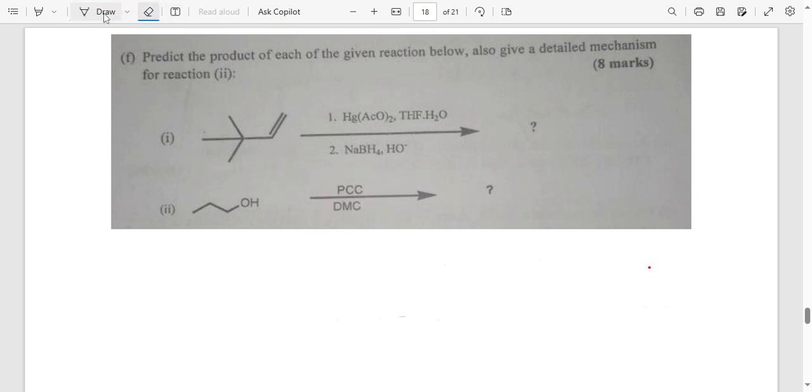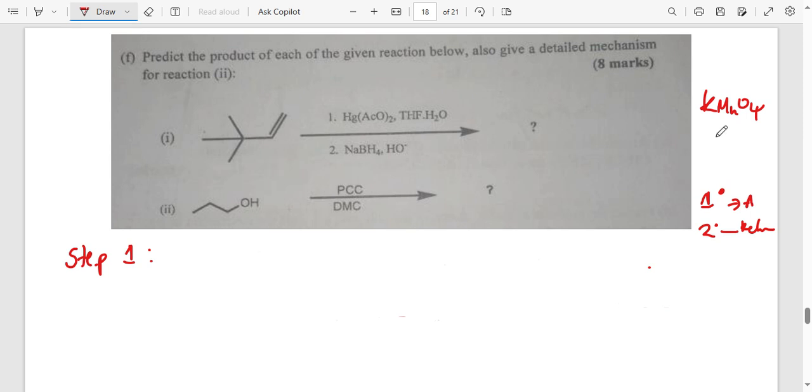That is the first thing to understand. Anyone? So PCC is an oxidizing agent. It will convert primary alcohols into aldehydes, and secondary alcohols into ketones.